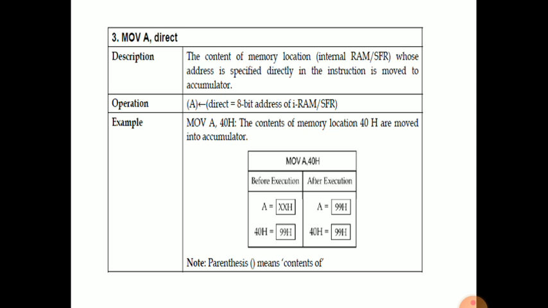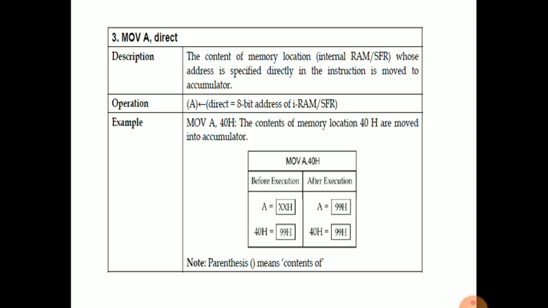Before execution the accumulator has some random data XX, and the 40H address contains the data 99H. So what will happen? The 99H data present in this 40H address will be copied or moved into the accumulator register.